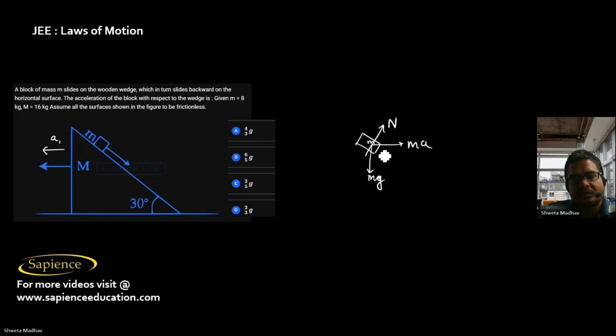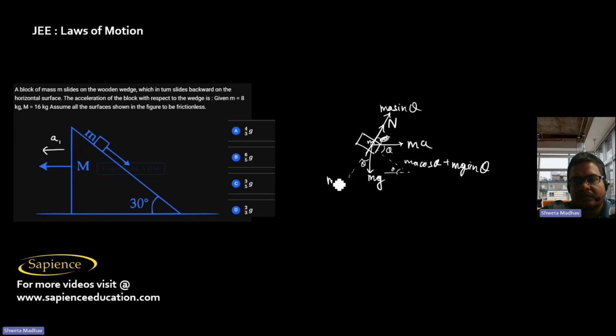Now, this is angle theta, and this is also angle theta. No, sorry, this will be angle theta, since this is angle theta. Okay, so this will be ma cos theta plus mg sin theta, and here we will have ma sin theta, and here we have mg cos theta.